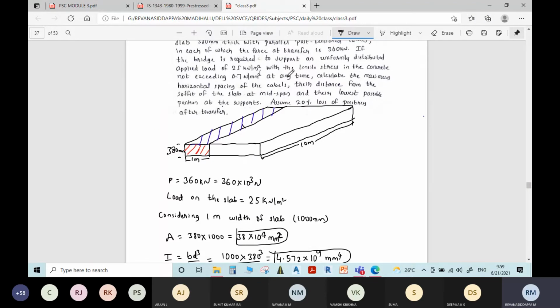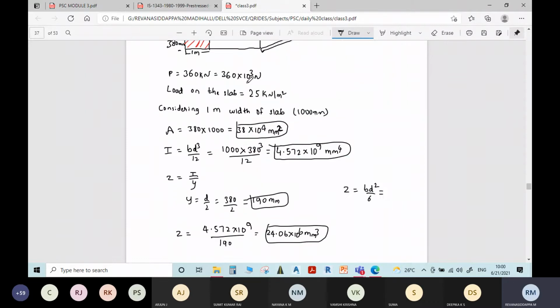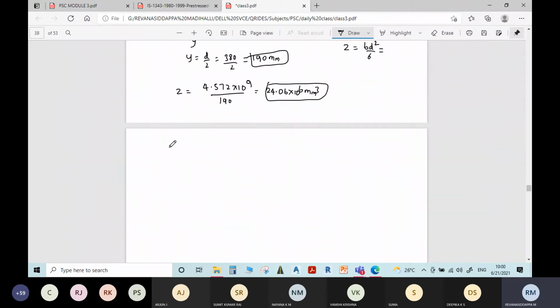Service condition means when it is subjected to the external live loads. In both conditions, he said that the tensile stress in the concrete should not exceed 0.7 Newton per mm square. You write that condition here once.